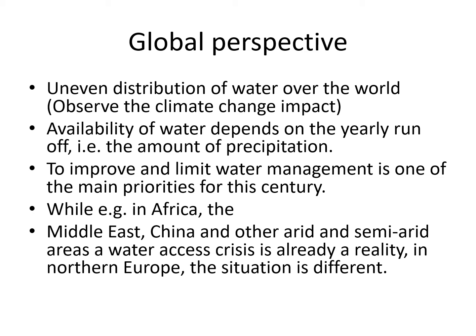This is all due to climate change and its impact. Now, if you see the availability of water, it depends on yearly runoff and the amount of precipitation. So what is precipitation? One thing is rainfall and the other thing is precipitation. Can you differentiate between rainfall and precipitation?